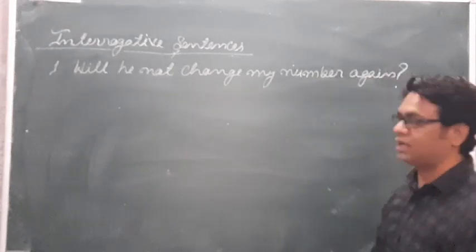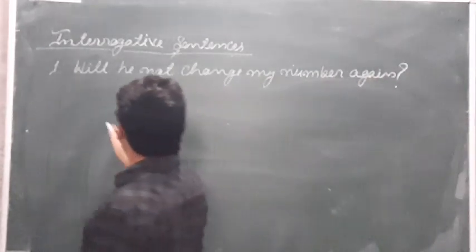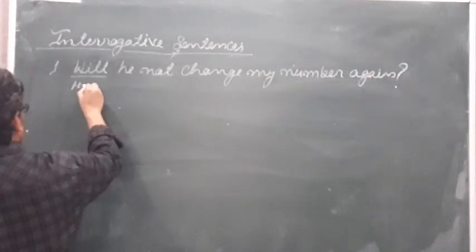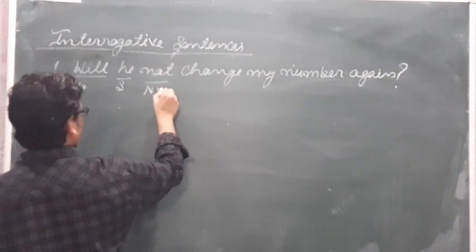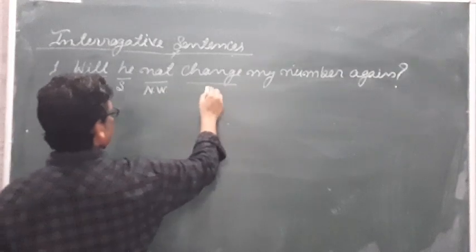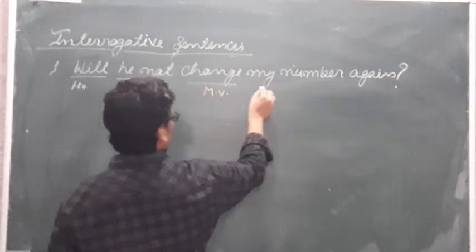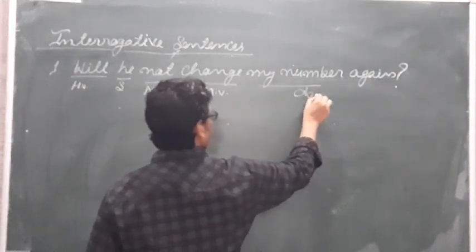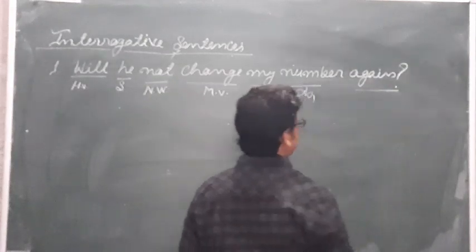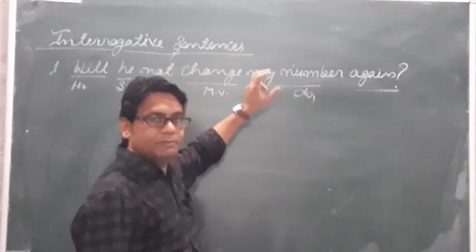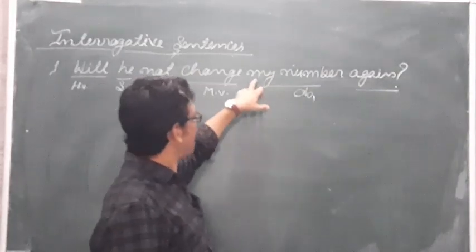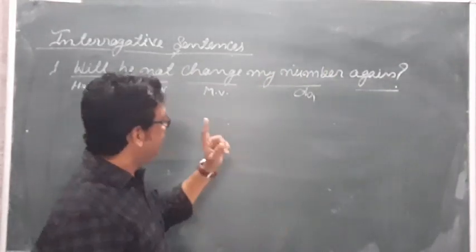In this sentence we can see that this is the helping verb, this is the subject, this is the negative word, this is the main verb, and this is object one, and this is again. My is a possessive pronoun, that is why I am using my number as one word.